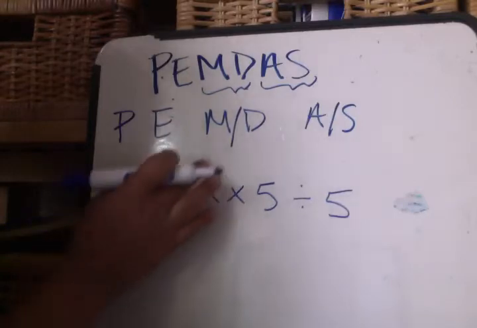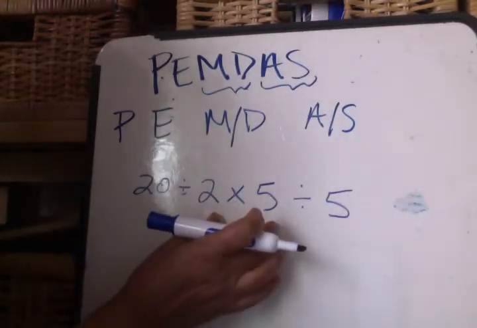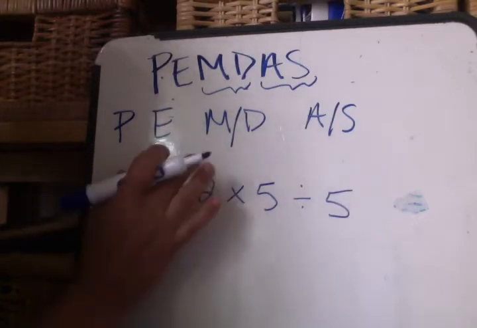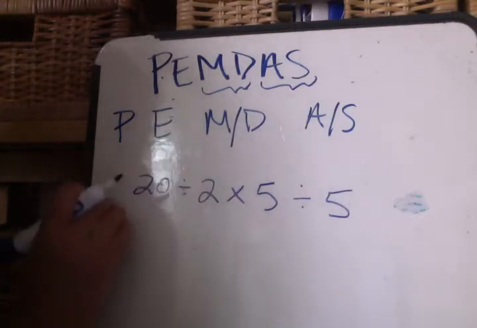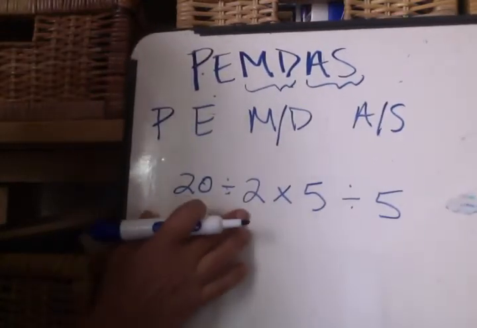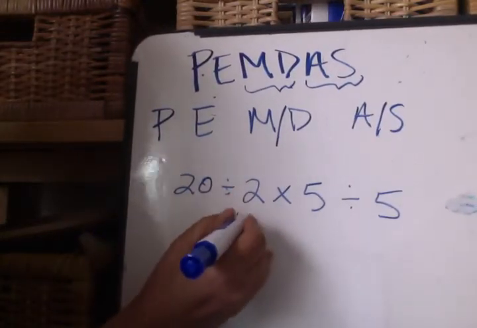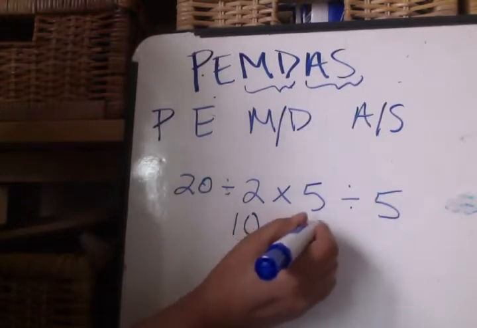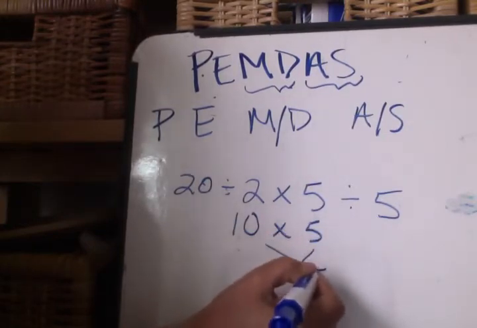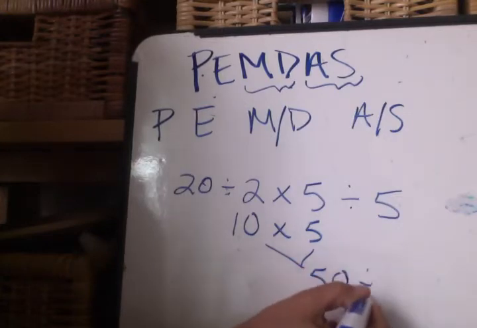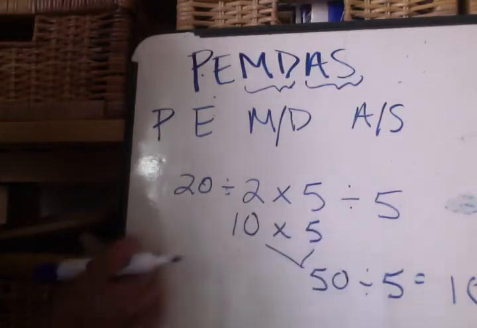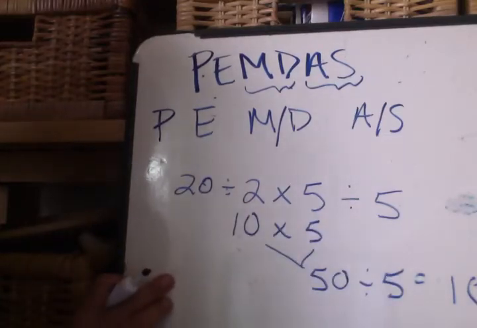So I wouldn't do the multiplication first and then do the other pieces. Because they're at the same level, I just start from left to right. So 20 divided by 2 is going to be 10. And then times 5 is going to be 50. And then 50 divided by 5 equals 10. So my answer would be 10.